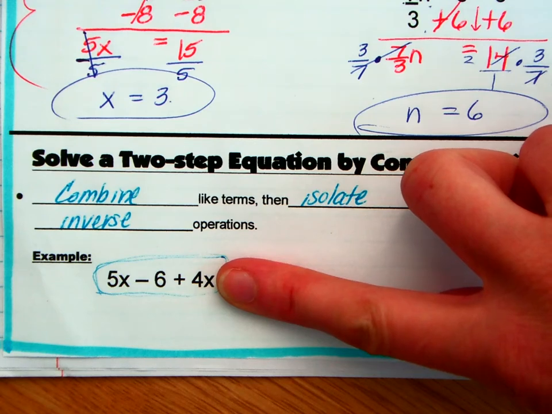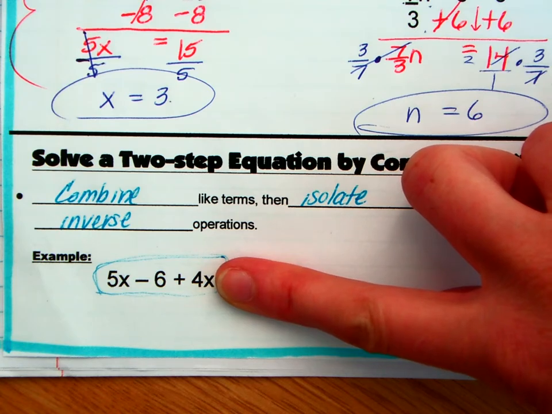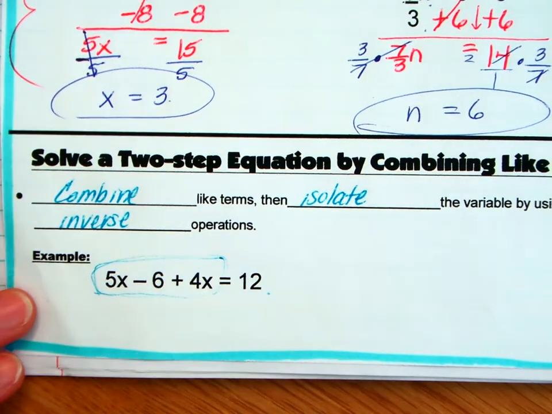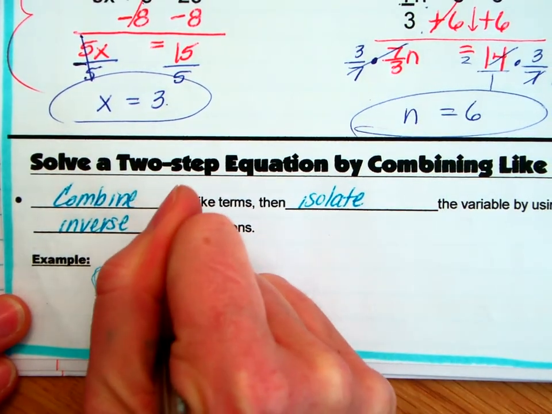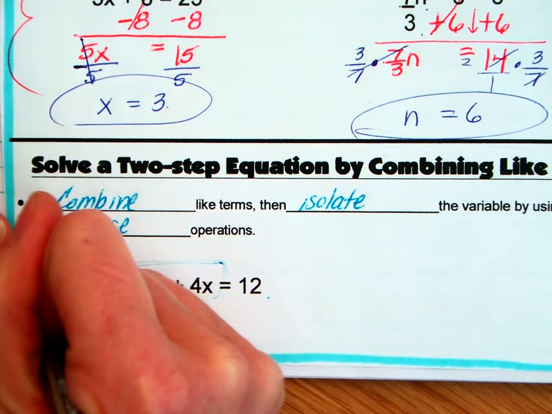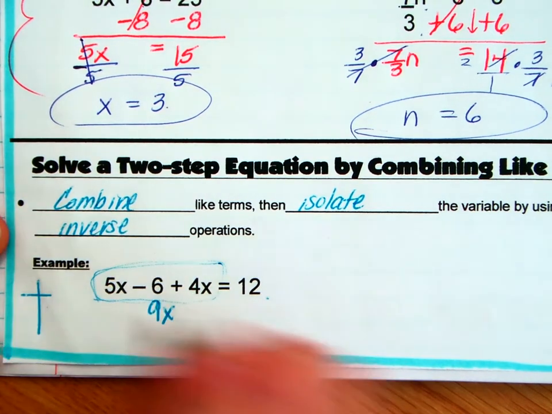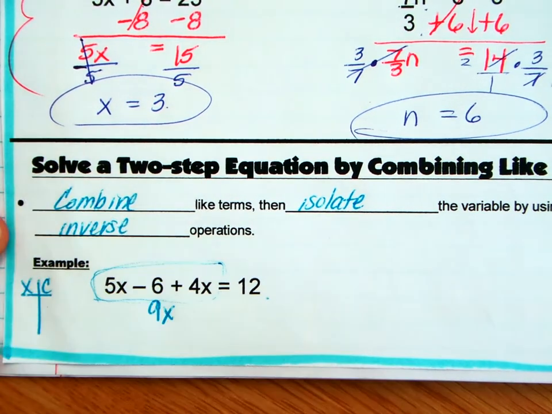Looks like I have a 5x, basically a negative 6, and a 4x. How many x's do you have altogether? 9x. If you were setting up your chart, you would have x's and constants.